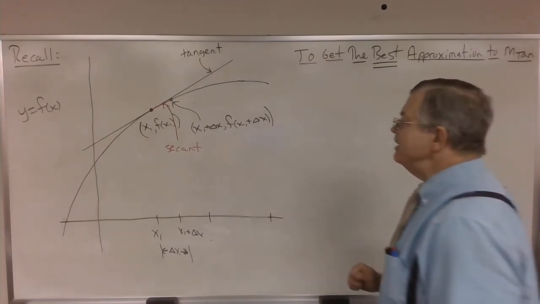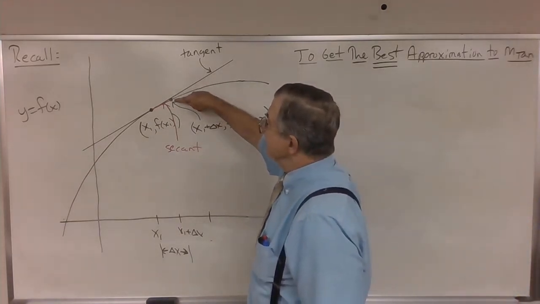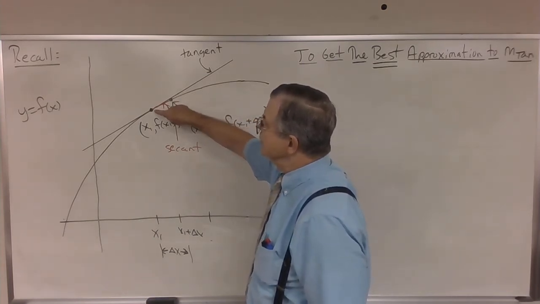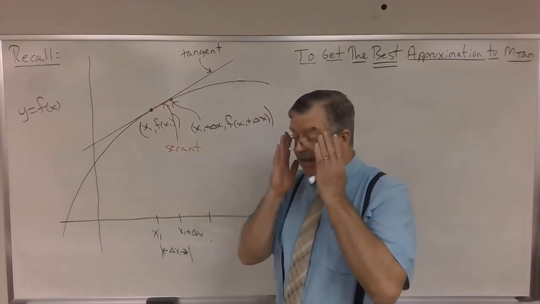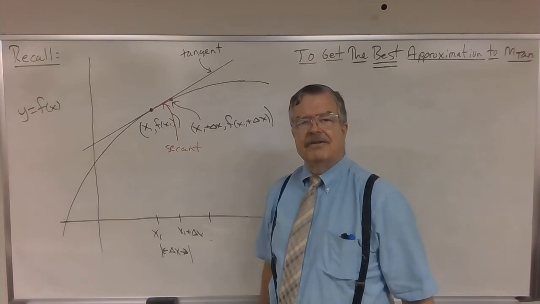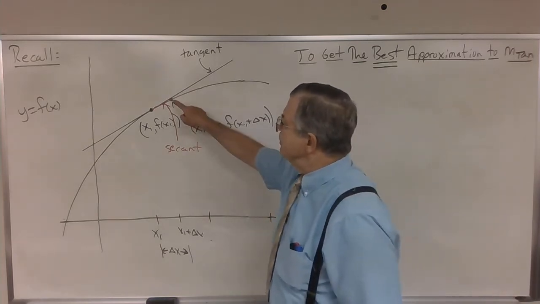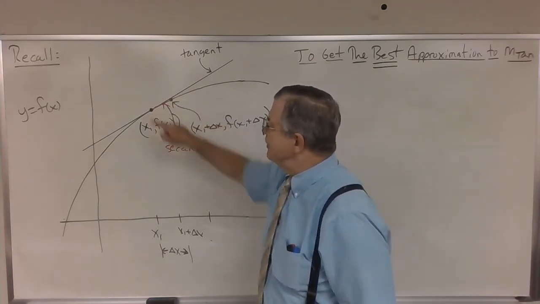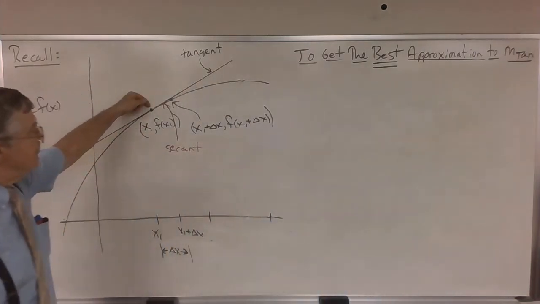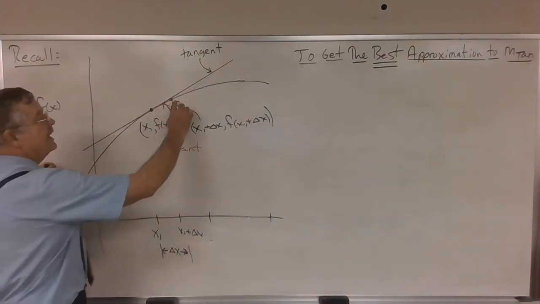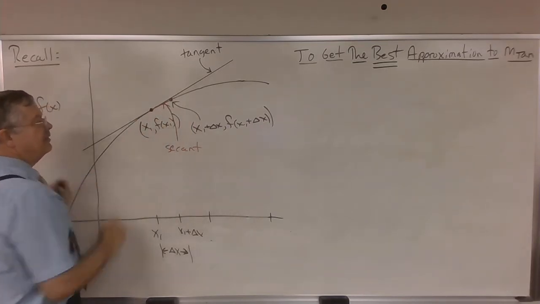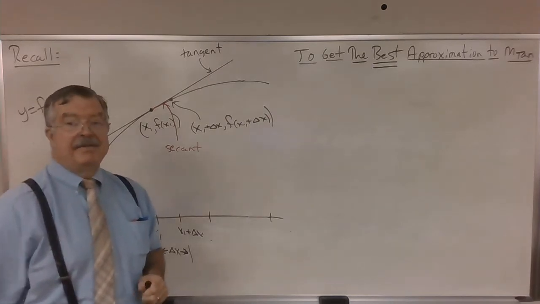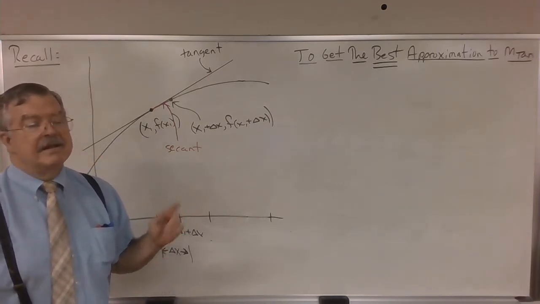And we can continue to make the end point of the secant progressively or successively closer to the point of tangency. Well, let's just cut to the chase. Why don't we just move this point so close that it's sitting right on top of the point of tangency? We'll take the end of this secant and we'll put it right down on top of this other point. I mean, can't get any closer than that, right?